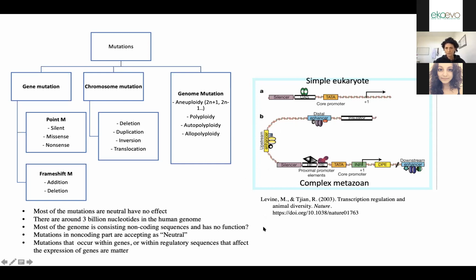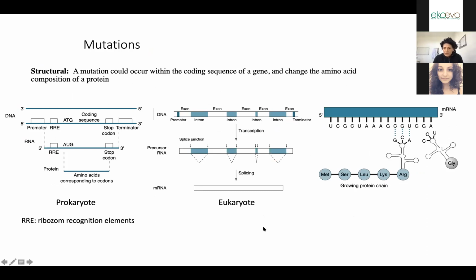I will give you information on that one. So mutation can be, as I told, at the structural part, meaning the protein coding site. At the protein coding site, it will of course change the amino acid composition. And when the amino acid composition changes, most of the time it can change the protein, enzyme, or hormone, whatever is being coded.